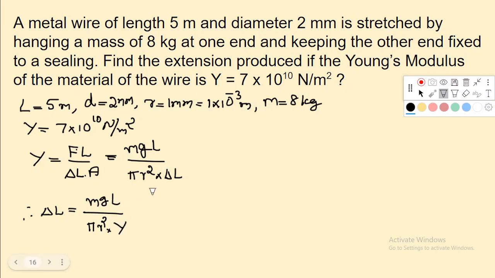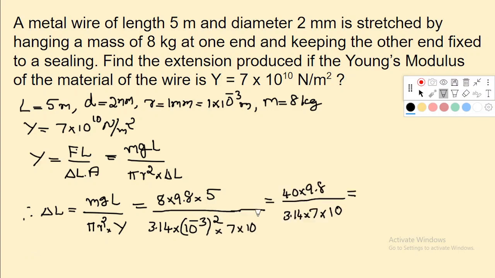So let us substitute all these values here. M is equal to 8 kilogram into 9.8. That gives the force, the applied force, not the stress. Then the original length is 5 meter, all divided by pi, that is 3.14, and radius is 10 raised to negative 3, that is squared, and here we have 10 raised to plus 10.